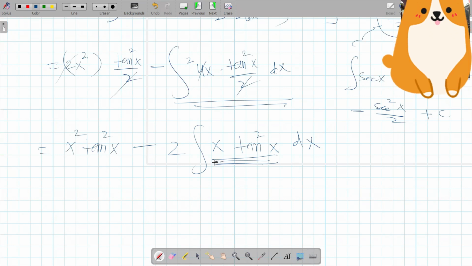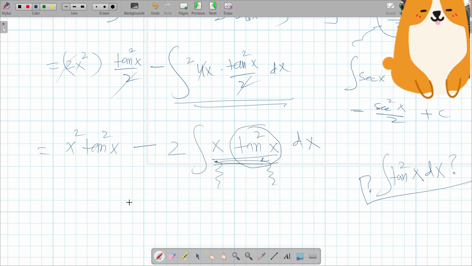Just x. Yeah, but tan squared x cannot be taken as the second function because we don't know the antiderivative of tan squared x. Oh, we should have chosen sec squared. Yeah, we should convert it in terms of sec squared. We have this identity: 1 plus tan squared x equals sec squared x.